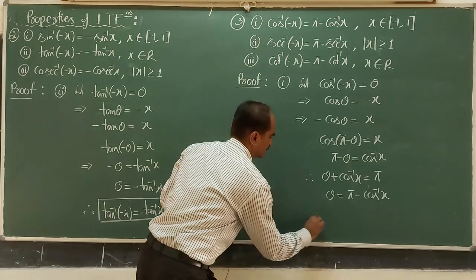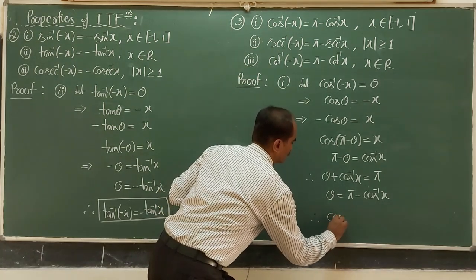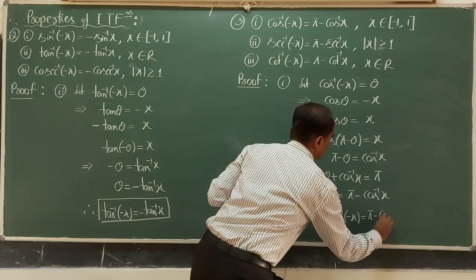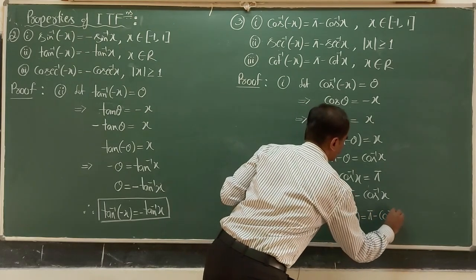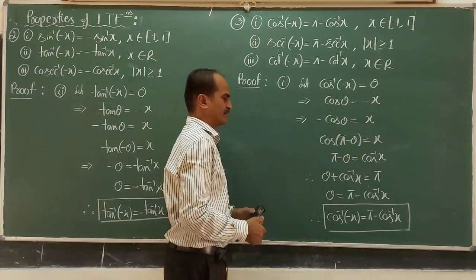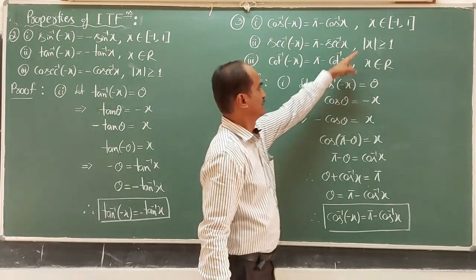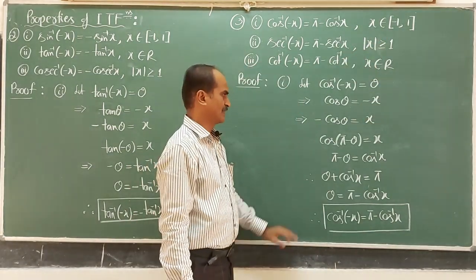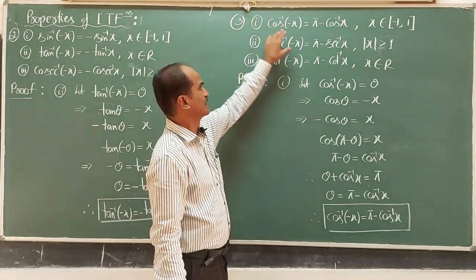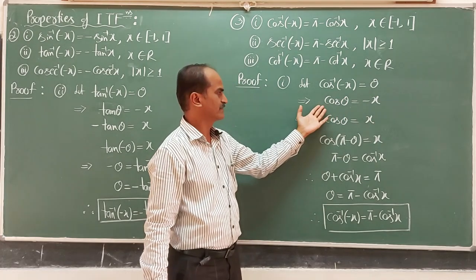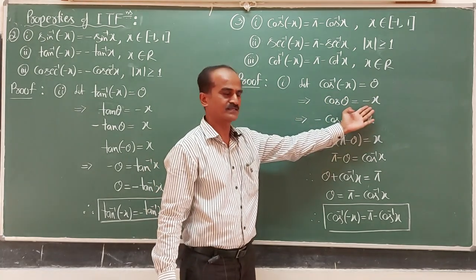Resubstitute theta, therefore cos inverse of minus x is pi minus cos inverse x. Remember, while applying this property, x must lie in the interval minus 1 to 1, that is most important. I hope you followed this. As usual, I consider this inverse trigonometric function as theta. Using inverse function, cos theta becomes minus x.